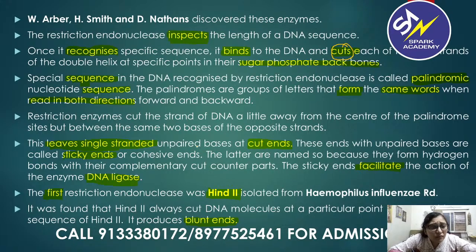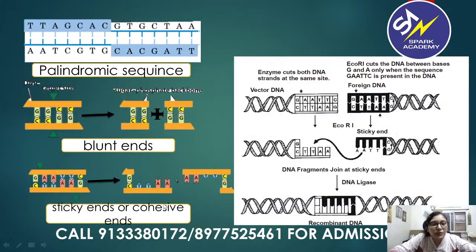Okay, then if two strands are separated, only then can you ligate it. So next, the first restriction endonuclease that was isolated is HindII. It was isolated from Haemophilus influenzae Rd. That's why it is known as HindII. Okay, it creates blunt ends. Now what is the difference between sticky ends and blunt ends? Look here.